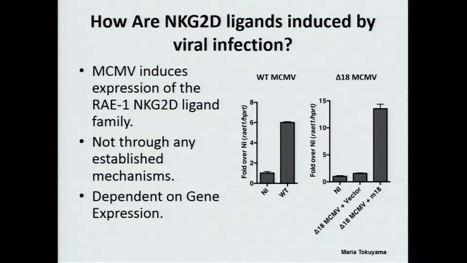And she found that if she eliminated a single open reading frame, 18, corresponding to the protein M18, she completely eliminated the ability of MCMV to induce the expression of these ligands, and she could rescue this by transfecting in a construct encoding M18.